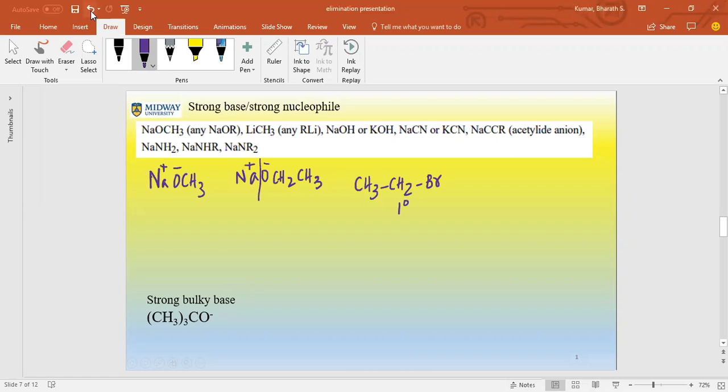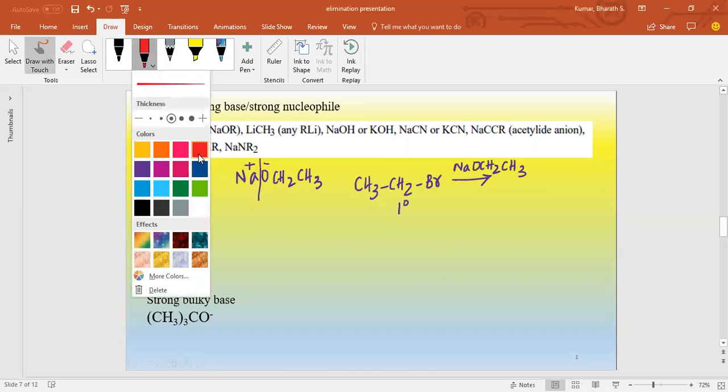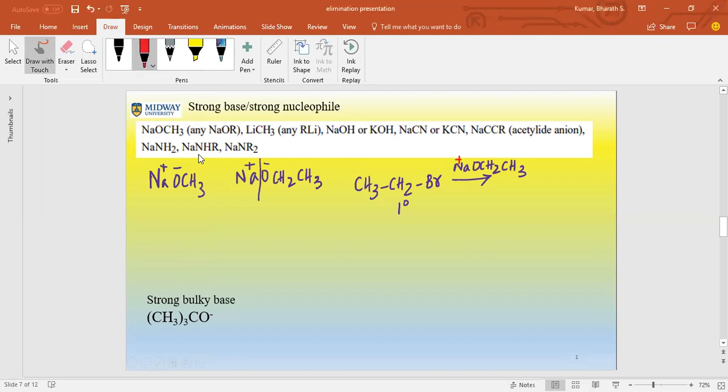And when this reacts with NaOCH2CH3, this is the plus, this is minus. This is a strong base or a strong nucleophile, and this is a primary alkyl halide, not methyl, because this carbon contains the Br, and it contains two hydrogens.